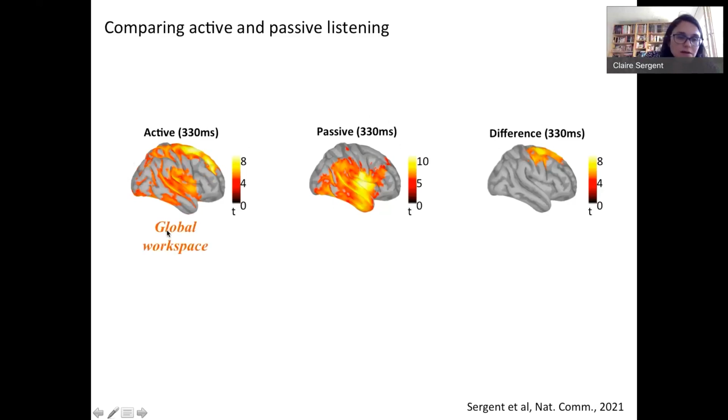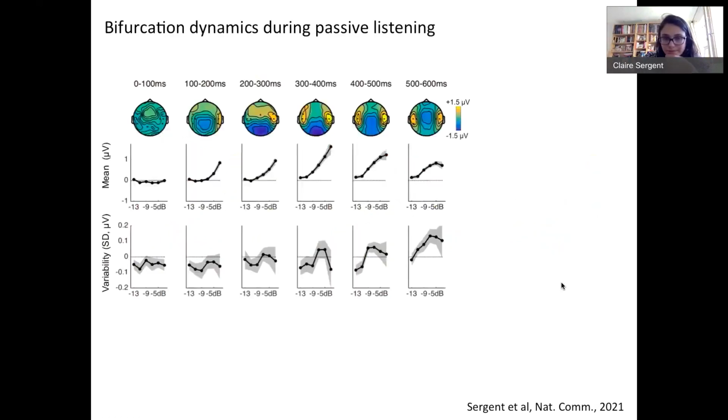So if we consider that this might be a global workspace, then this might be a global playground, so a network of areas that is maintaining activations during a late period, maybe circulating sensory information in a network, but for no particular purpose. And the difference being the connection or not to a task-related network.